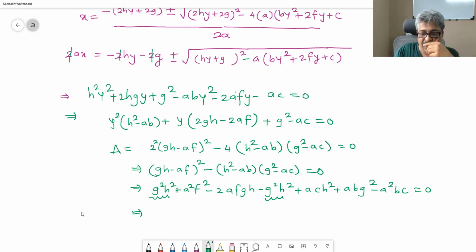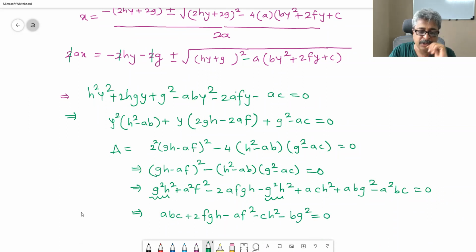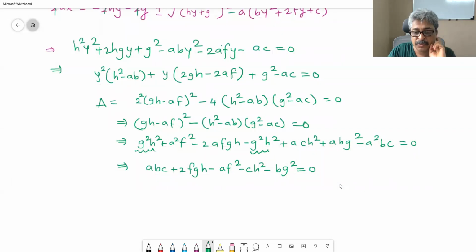Therefore, we can cancel and write it in a nice looking form: abc plus 2fgh minus af square minus ch square minus bg square is equal to 0. And this is the necessary and sufficient condition which is important to us.